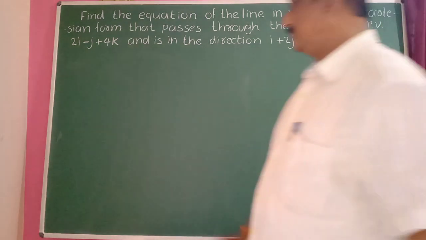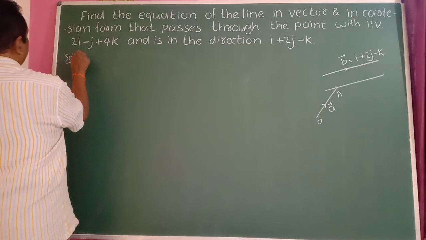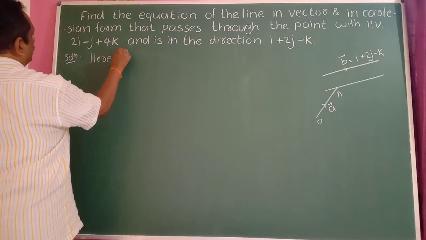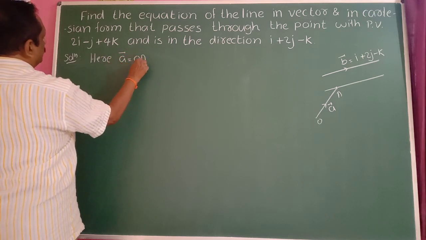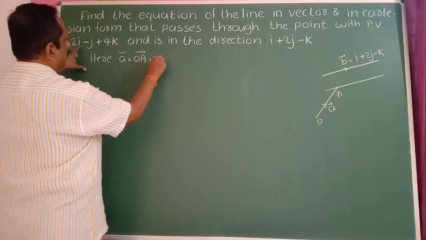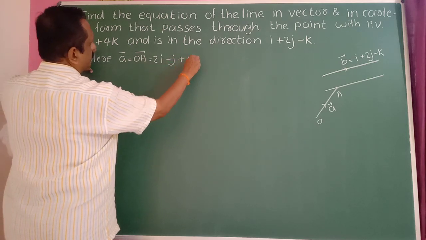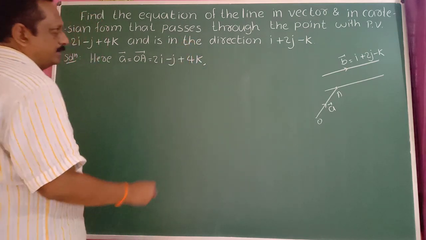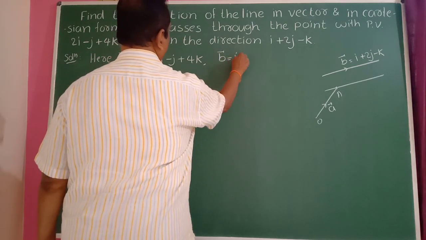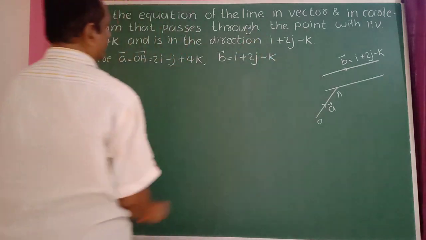Okay, therefore here a bar is equal to 2i minus j plus 4k, in the direction of the vector b bar is equal to i plus 2j minus k.